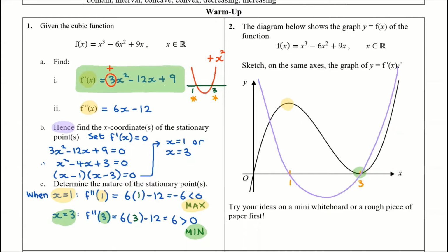And that would be a differential equation type of situation, which we're not going to look at. But I think that will do. I know the y-intercept is obviously going to be at 9 somewhere up here. But I think that will do for our sketch. So that's the relationship between the function and its gradient. I hope that makes sense.